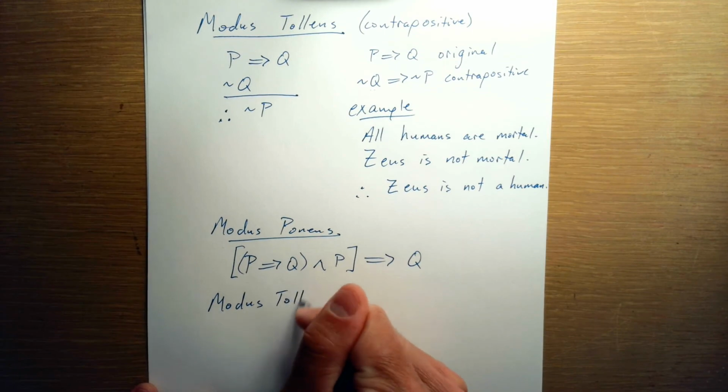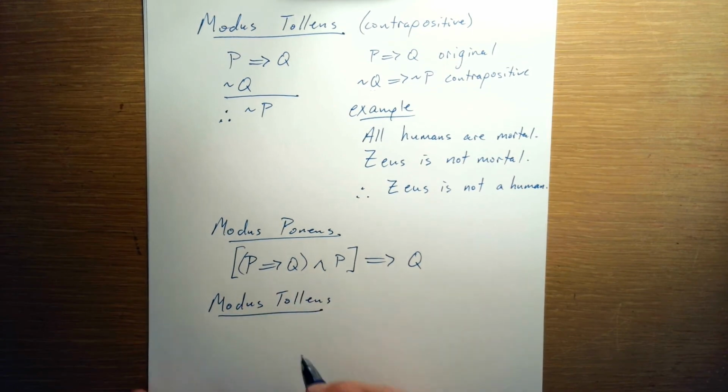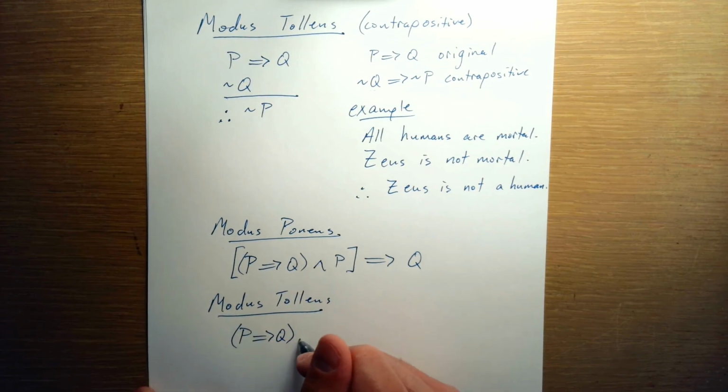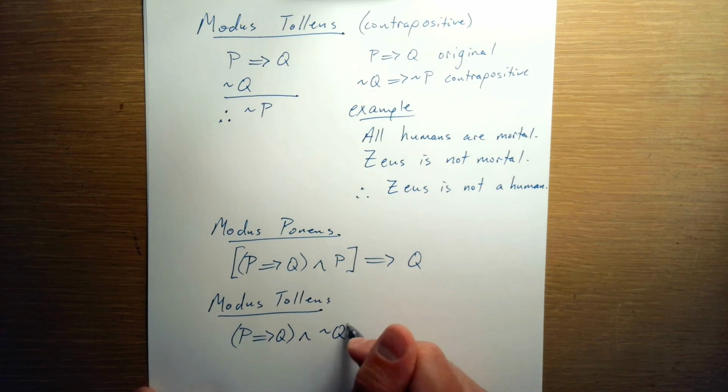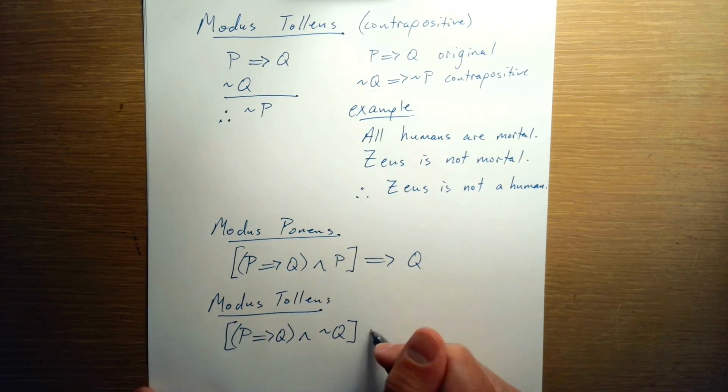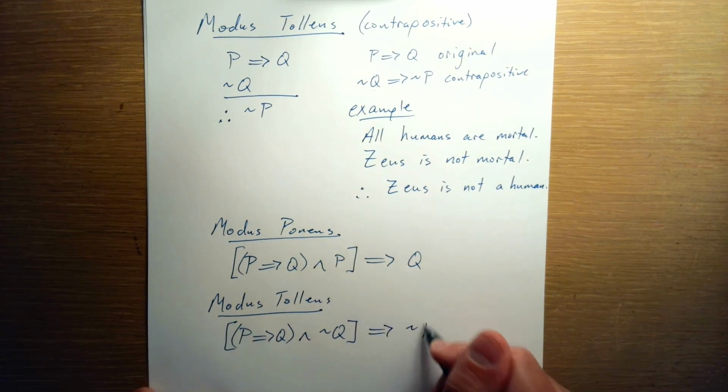And then Modus Tollens is P implies Q again is true by assumption. Not Q is true by assumption. Then not P must be true. So that's written in our nice, concise, logical syntax. However, maybe some meaning is masked here. And that's all for this video.